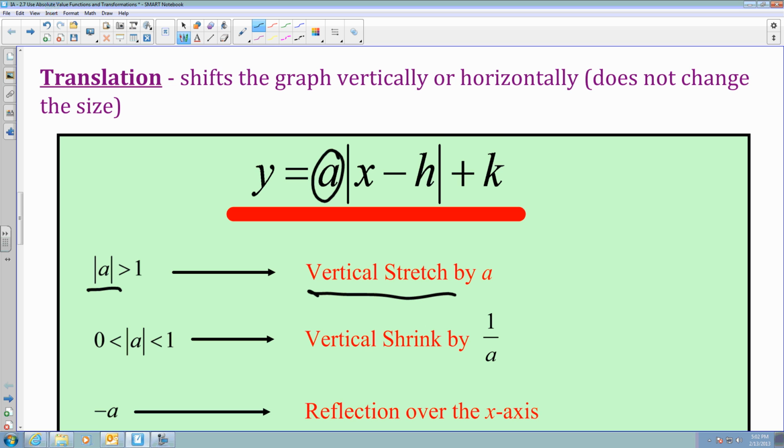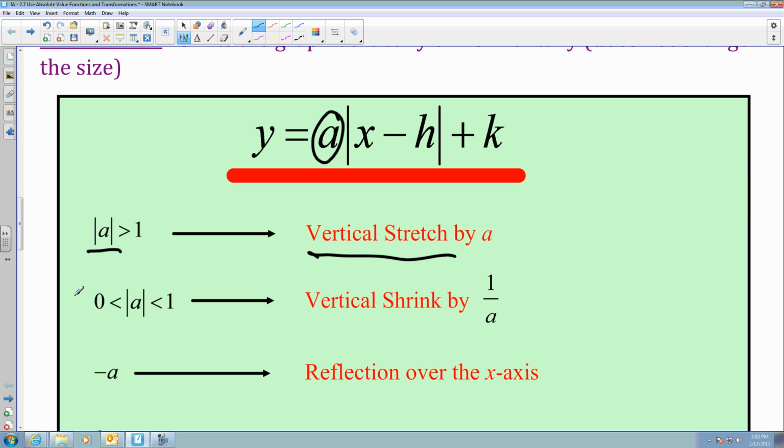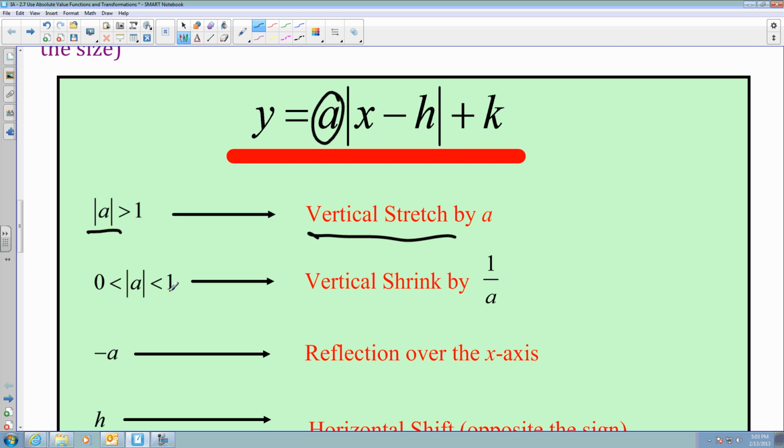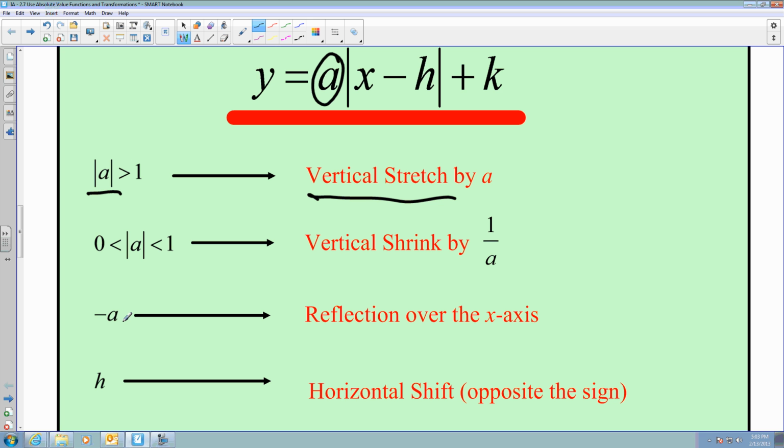If my value of A is between 0 and 1, which means it's a fraction less than 1, but the absolute value is between 0 and 1, you're going to have what is called a vertical shrink. If my A is negative, my graph will be reflected over the x-axis, and we can prove that by doing our little t-chart that we did for our parent absolute value function.